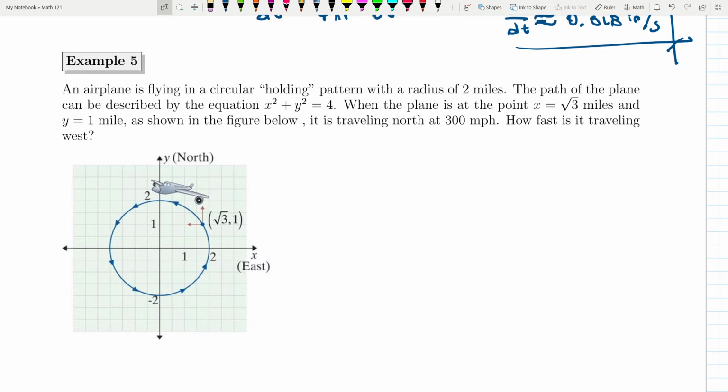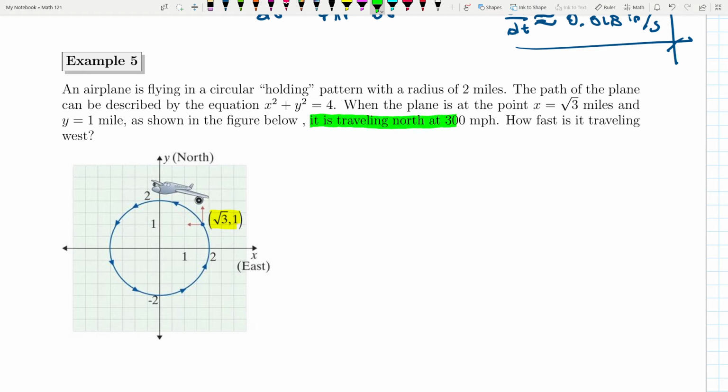When the plane is at the point x equals the square root of 3 and y equals 1 mile, the airplane is at this position. They're giving us one piece of information, as shown in the figure here: it is traveling north at 300 miles per hour. This is a little bit tricky to interpret.